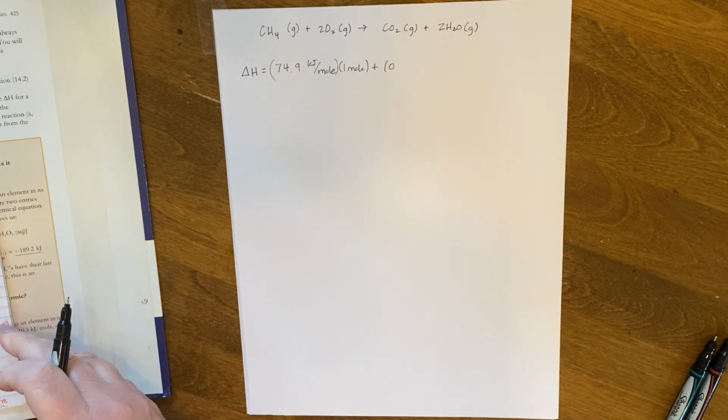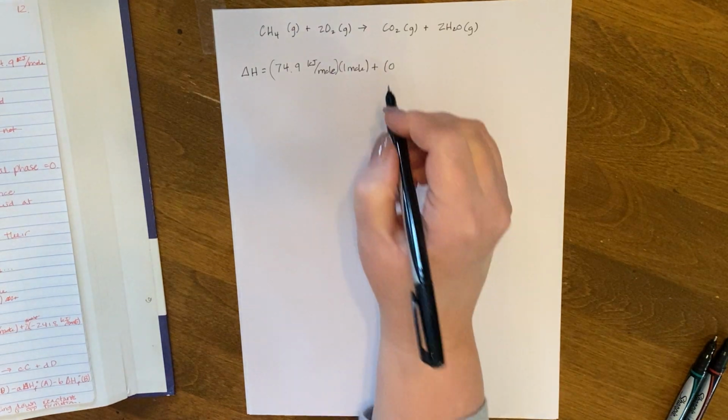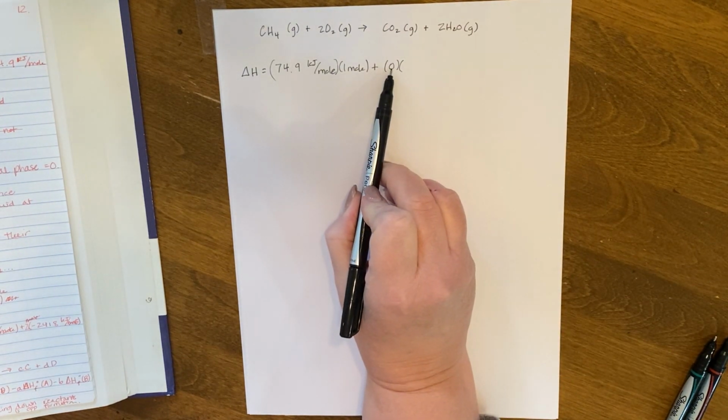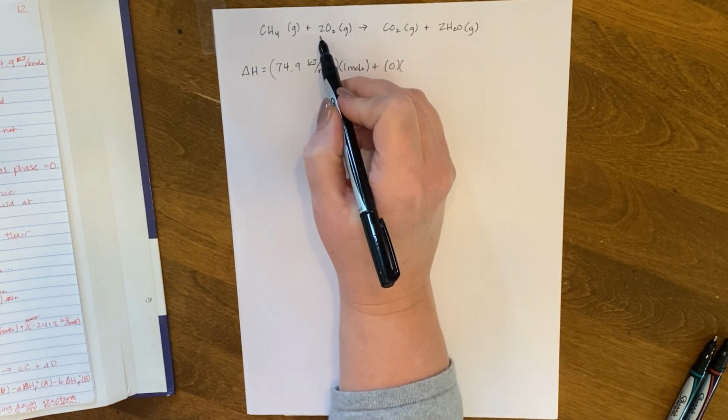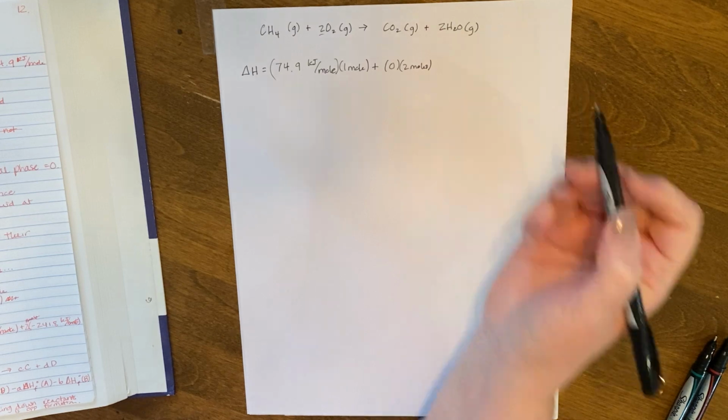If you look at the pink box on page 424, you will see that the delta H of formation of any element in its natural phase is 0 because it doesn't take any energy to create an O2 molecule. That's how it just naturally exists. So the enthalpy of formation is 0. We have 2 moles of that, not that it really matters.